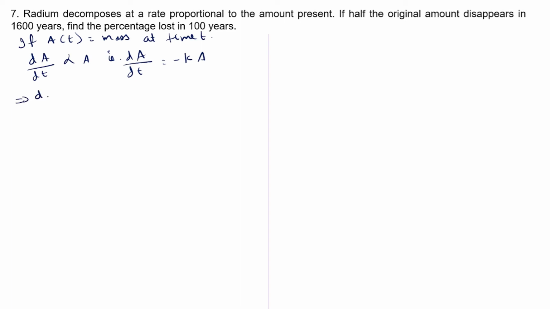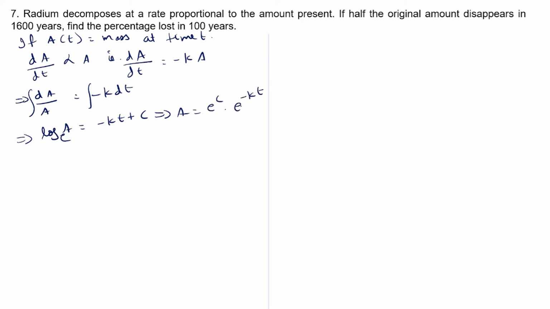So from this we have dA by A equal to minus K dt. If we integrate both sides, we get log A equal to minus Kt plus C, to the base e, so A is equal to e raised to C into e raised to minus Kt. Here e raised to C is the initial amount which is present, so A is equal to A naught into e raised to minus Kt.